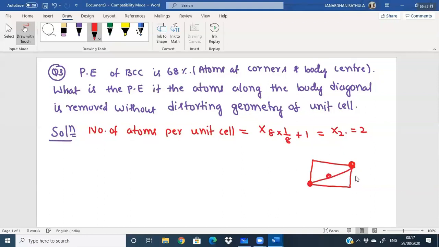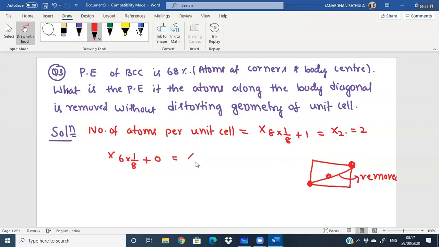This is the body diagonal. These atoms are removed. That's why 6 corners are there, 2 corner atoms are removed. That's why 6 atoms are there, into the sharing of an atom at the corner is 1 by 8. Plus the body centered atom is also removed, that's why no atom is there at the body center.